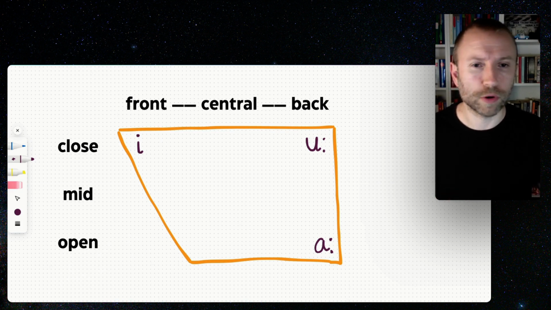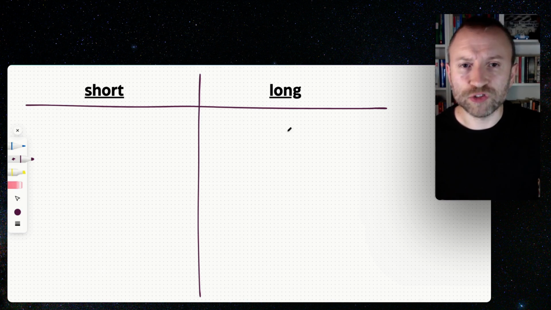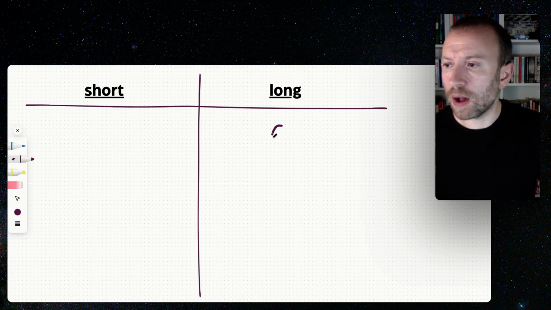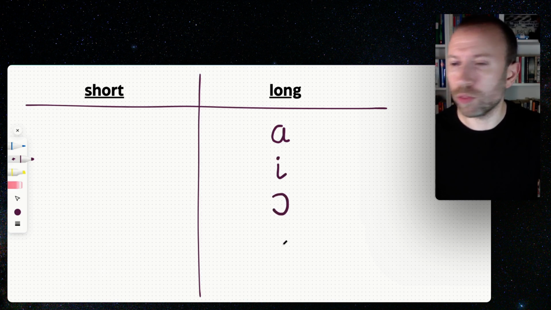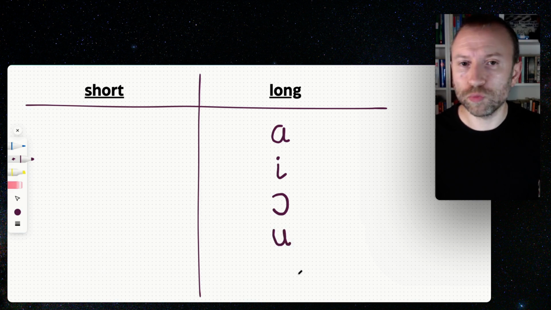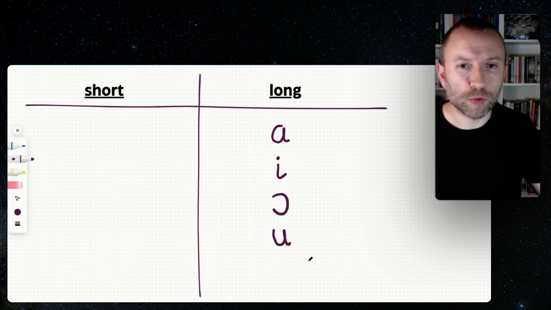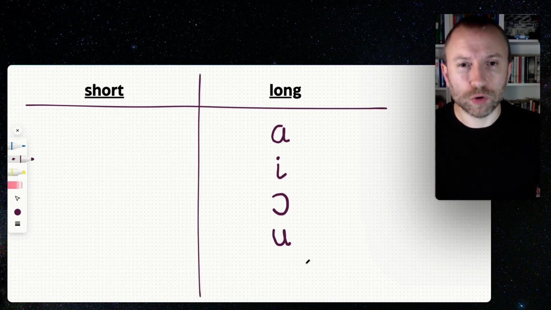That's including the diphthongs. So then the vowel sounds traditionally called long are the a in palm, the e in fleece, the o in thought, and the oo in goose, as well as any vowel followed by an r in words like start and north.